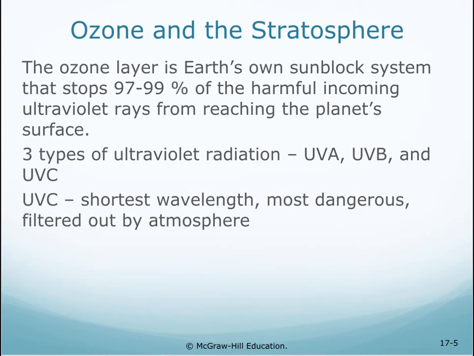The ozone layer is Earth's own sunblock system that stops 97 to 99% of the harmful incoming ultraviolet rays from reaching the planet's surface. There are three types of ultraviolet radiation: UVA, UVB, and UVC. UVC, the shortest wavelength and the most dangerous, is filtered out by the atmosphere.